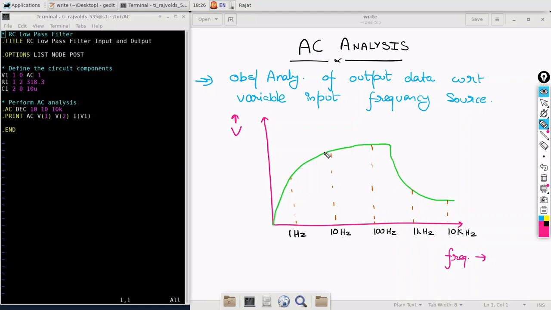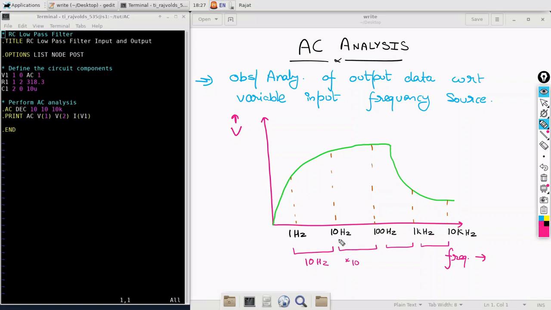Now there is one thing that we should notice here, which is this scale. This scale is rising, and the interval size is increasing 10 times. As you can see, the interval size for 1 hertz to 10 hertz is 10 hertz, then it has been multiplied by a factor of 10.